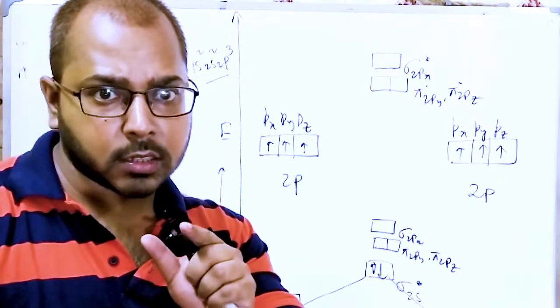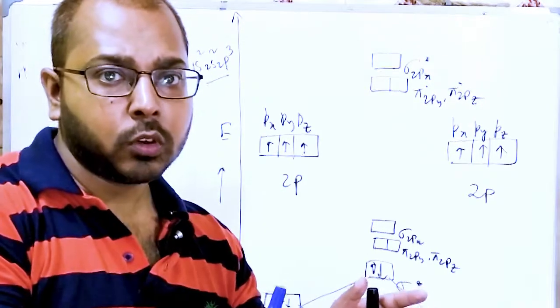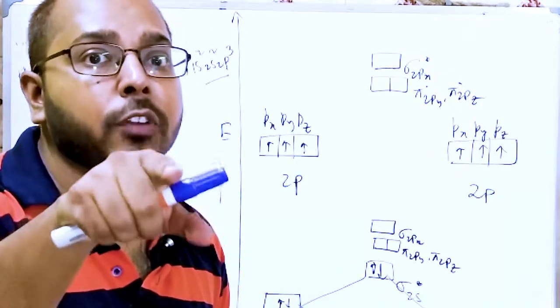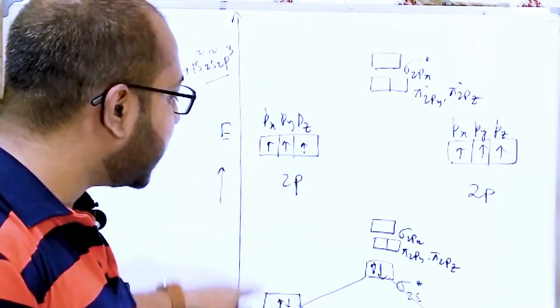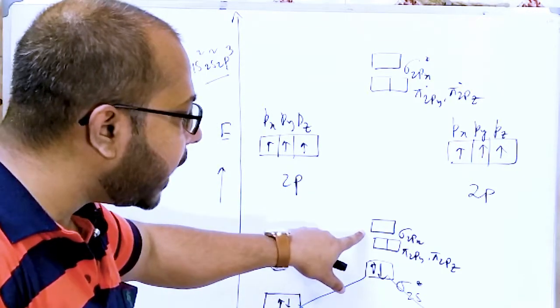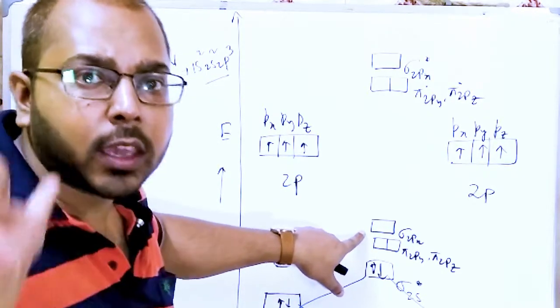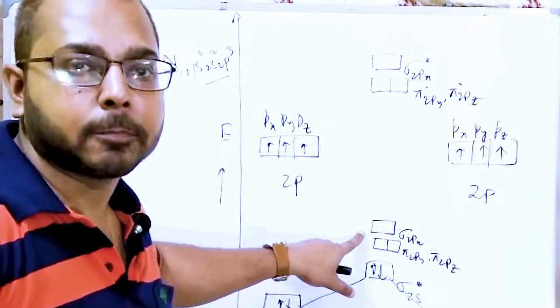Oxygen is the normal case, but in the case of nitrogen or C2 or Be2, that means fewer than 14 electrons, there will be sp mixing, and thereby sigma bonding becomes weak and its energy is higher.